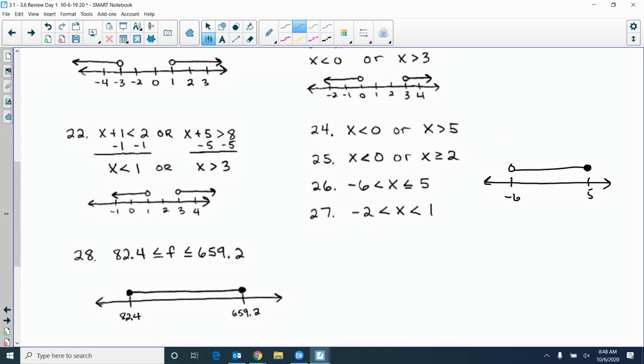And for 27, same thing. If it's shaded in between two numbers, you want them both less than. All right, and then 27 is in between there.